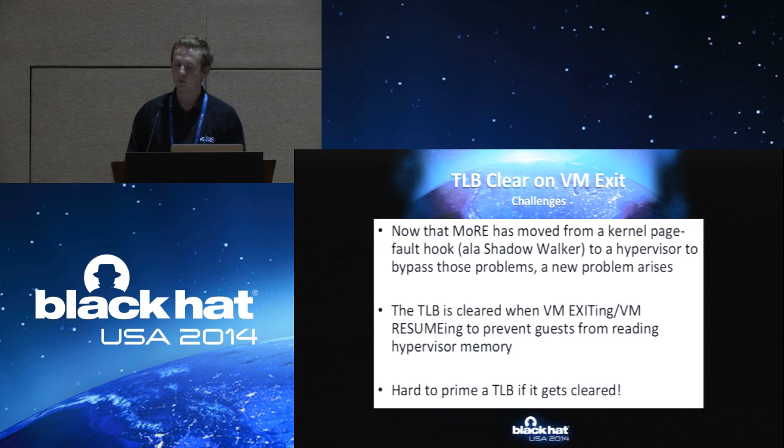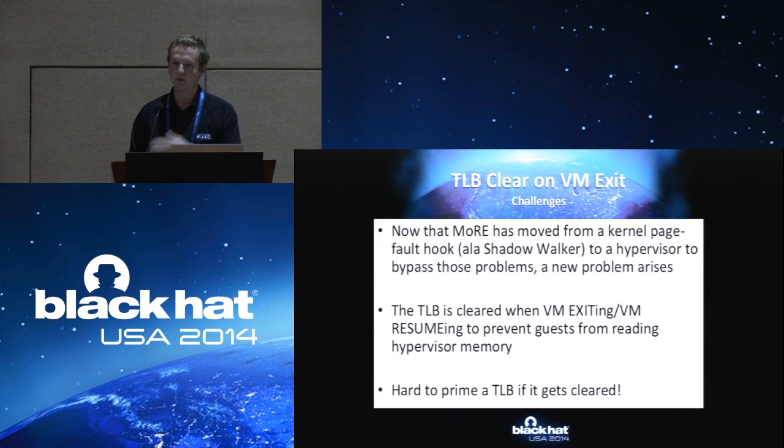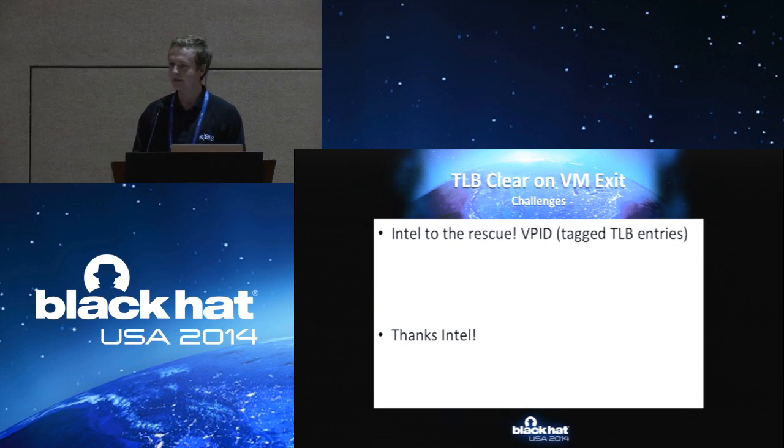And so, one weekend of figuring out all this, we were running into an issue where we would prime, say, the data TLB in the hypervisor. We would resume back to the guest, and it would be wiped. And then the guest would say, nope, you didn't do it, fault back. And so we'd just hang forever. So again, thank you, Intel, for VPID. Not only does it make us faster, it allows us to bypass that.